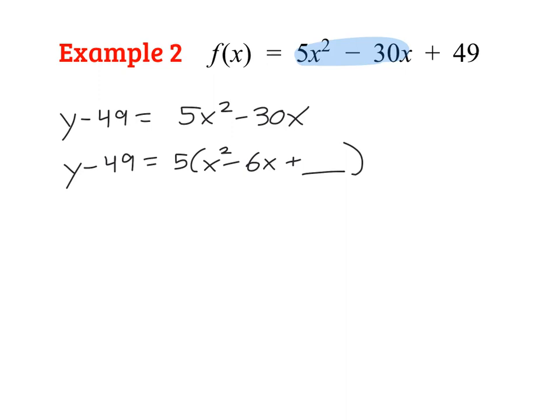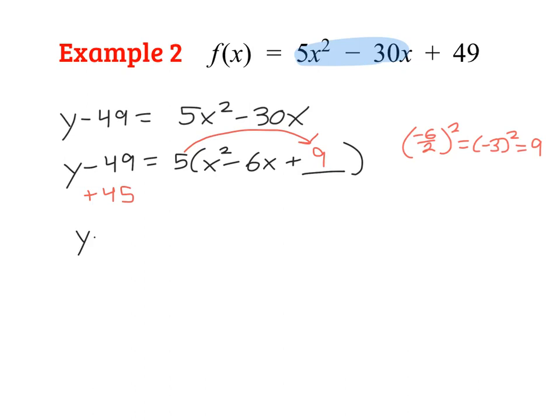So using our formula, I see that it's going to be negative 6 over 2 squared, again, which is negative 3 squared, which is 9. So I'm going to add 9 here, which actually is adding 45 to the right side of my equation. So I need to go and add 45 to the left side of my equation.